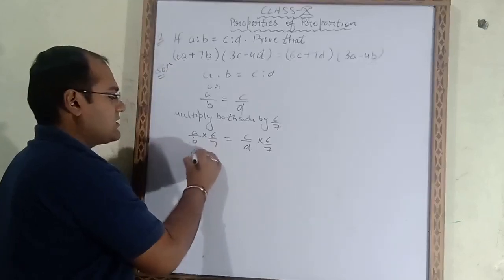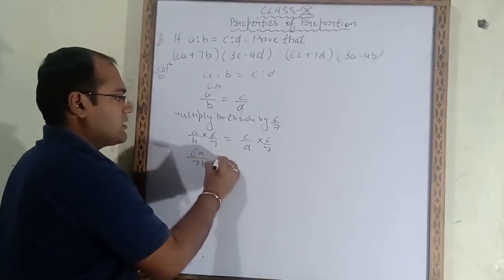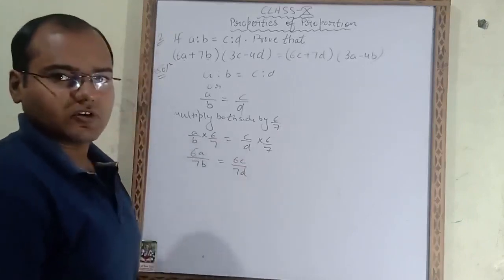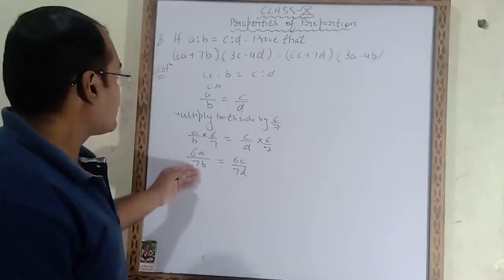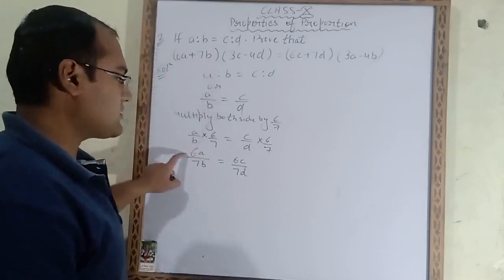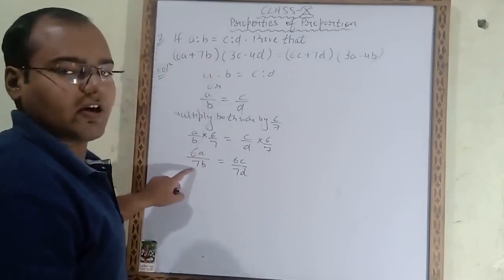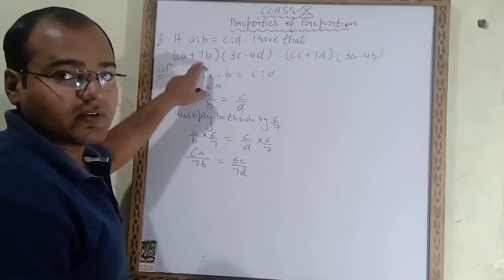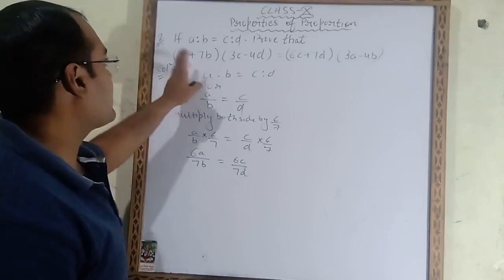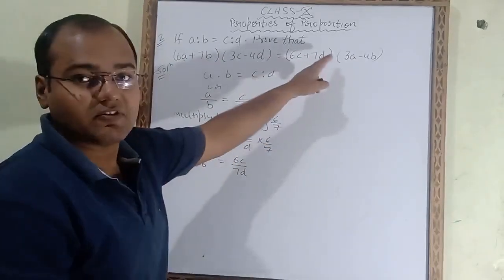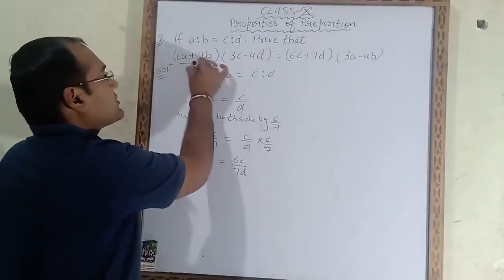When we multiply these, 6A upon 7B is equal to 6C upon 7D. This much we got. Now here with A, 6 was there, with B, 7 was there. Here also with A, 6 is coming, with B, 7 is coming. Now what do we need? We need 6A plus 7B. But if we observe this full statement, we will not get 6A minus 7B. We are getting only the positive one.